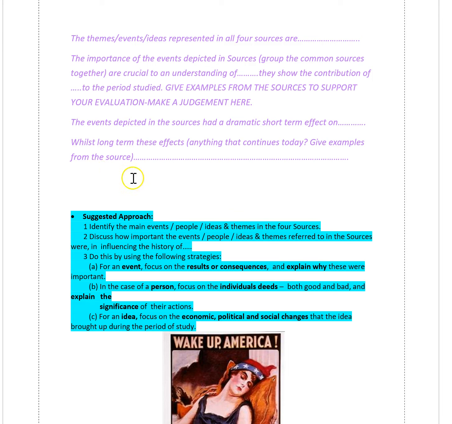So is there anything that's continued? That's that change and continuity. Whilst long term, these effects are still with us today. You know, with the devastation, with the fact that Mein Kampf is no longer legal to buy in Germany, the fact that Hitler has left a lasting legacy of hate, and that Nazi Germany, or Hitler himself, is one of the most written about historical figures, and all kinds of stuff.